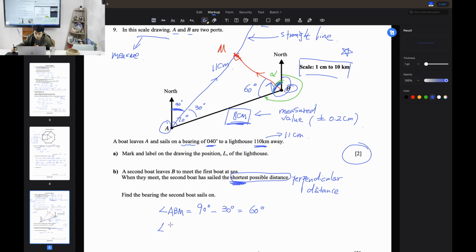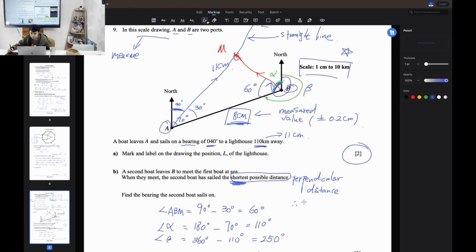Angle alpha equals 180 minus this 70, right? I've already measured this angle itself is 70, so that gives me 110 degrees. Then the outside angle, the major angle, I'll label it as angle beta. Angle beta equals 360 minus 110, and that gives me 250 degrees, right?